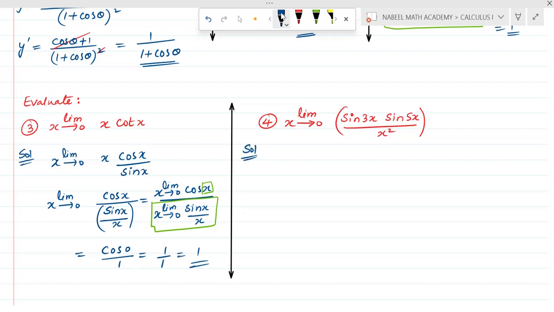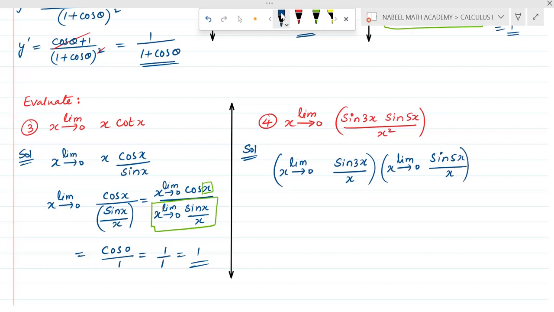Now the next one here, I have this x power 2. Limit as x approaches 0, I will write it here, sine 3x over x, and then here I can apply the limit as x approaches 0 of sine 5x over 5.